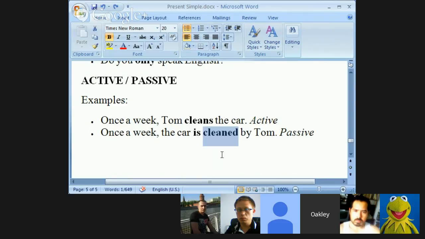The hamburger was eaten by the tiger. Okay, that's past tense. Hamburgers are eaten by the tiger every day, like that. Okay, eat, ate, eaten. So eaten is the past participle. Every passive uses the past participle. That's how you identify it.